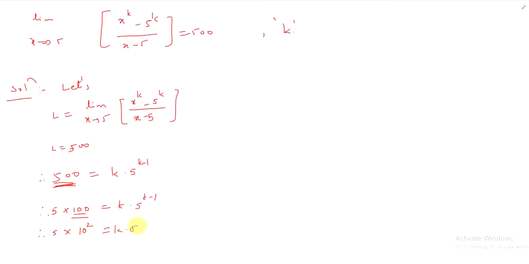So 500 equals 5 times 100, and we want 5 raised to k minus 1. But again this term should be a 5, because to compare, it should be 5. So how to evaluate this one?